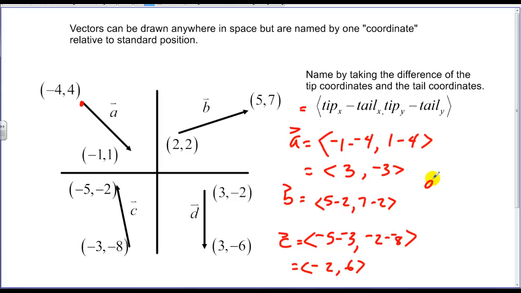Finally, vector D is given by 3 minus 3 and negative 6 minus negative 2, or 0 and negative 4. And this vector is pointing straight down, which makes sense.